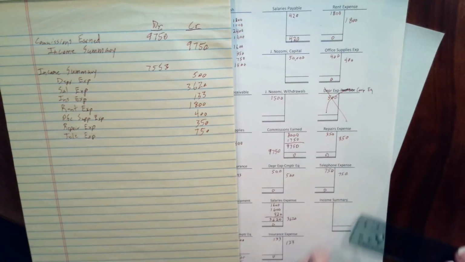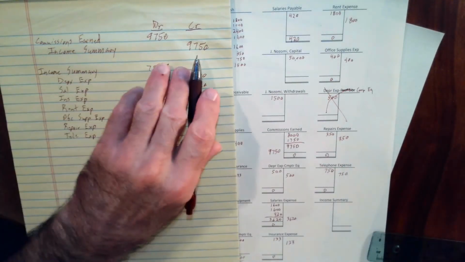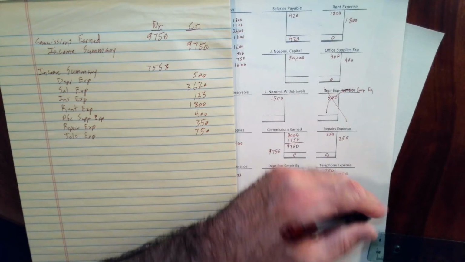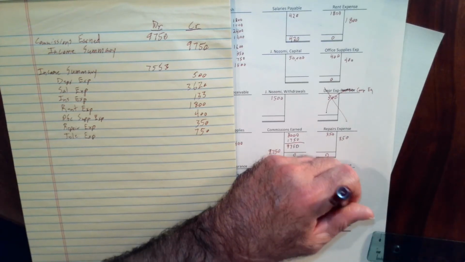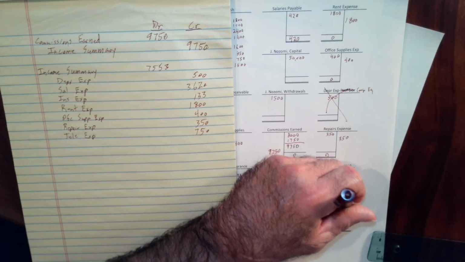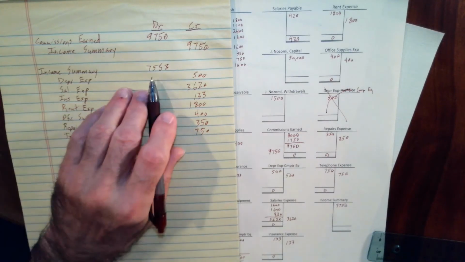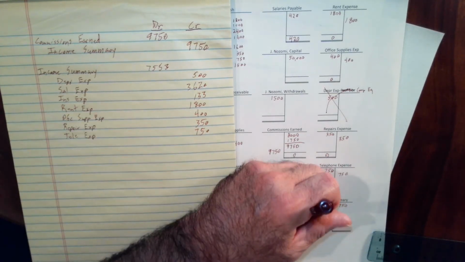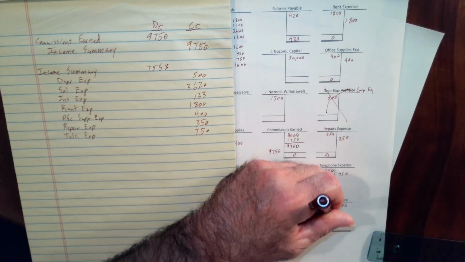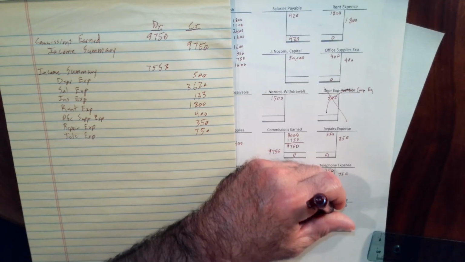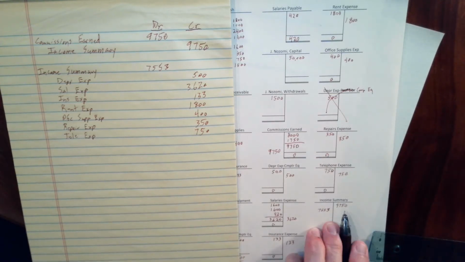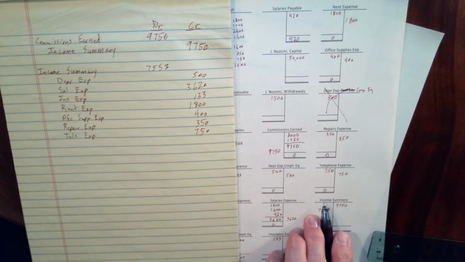My income summary would be updated also. I'd have a credit of 9750 and a debit of 7553. This is my revenue, this is my expense. Thus the name, revenues minus expenses is equal to net income, thus the name income summary.